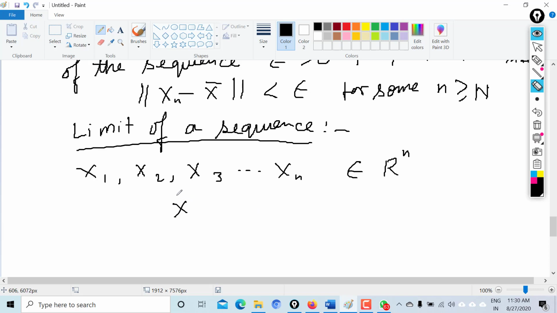Suppose there is a point x bar in R^n, and it is called the limit of the sequence. x bar is called the limit.